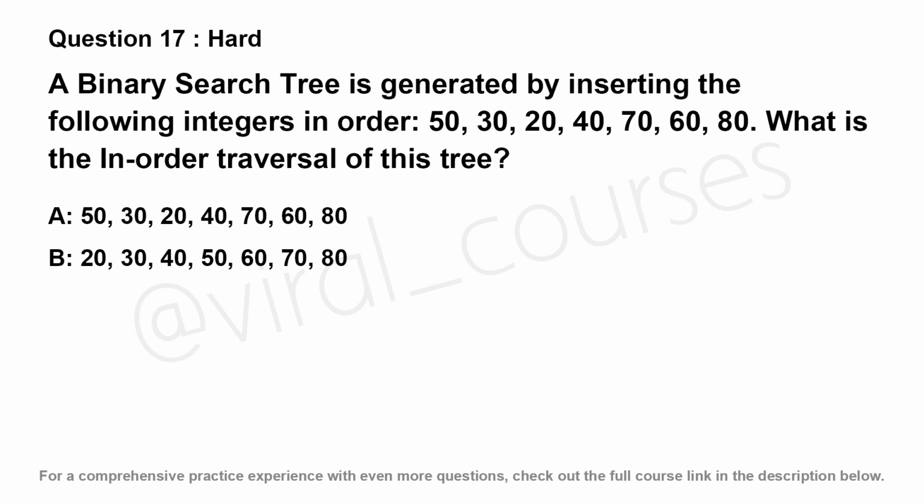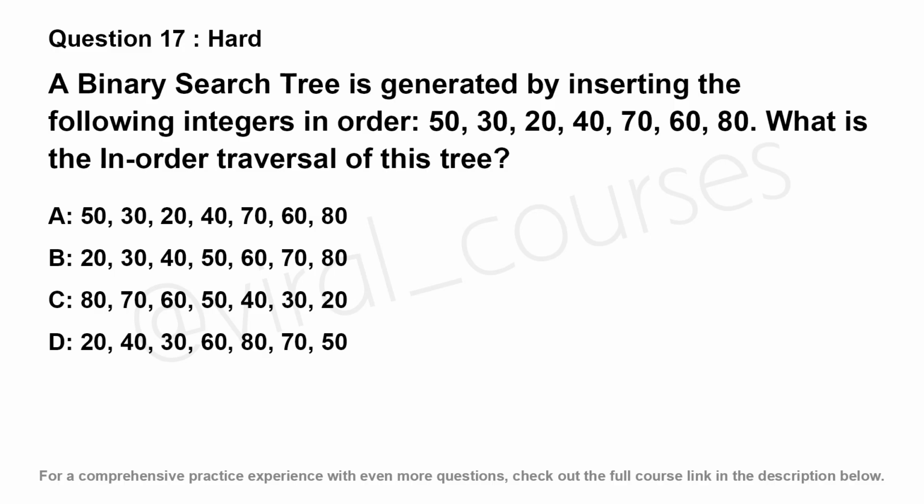Option B, 20, 30, 40, 50, 60, 70, 80. Option C, 80, 70, 60, 50, 40, 30, 20. Option D, 20, 40, 30, 60, 80, 70, 50.